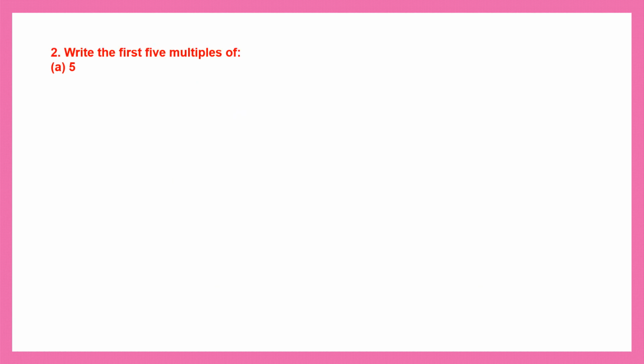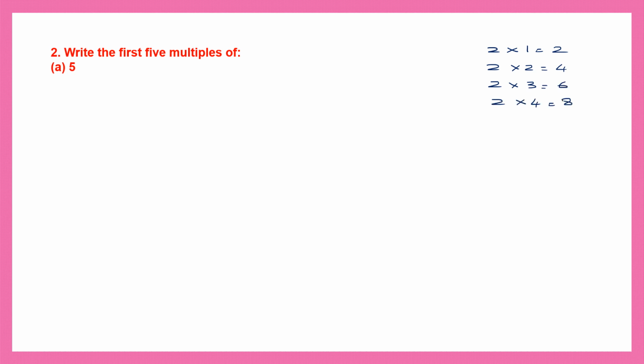Next one, write the first 5 multiples of 5. So now we're talking about multiples. So what are multiples? Multiples are actually tables. Okay, now let me take, say, 2. 2 ones are 2, 2 twos are 4, 2 threes are 6, 2 fours are 8, and so on.